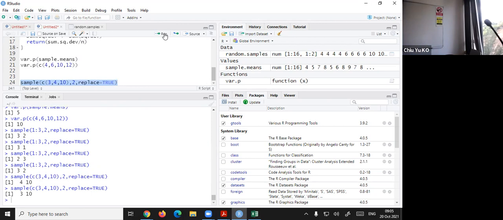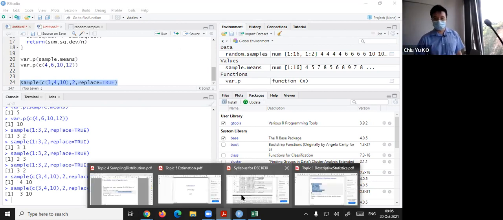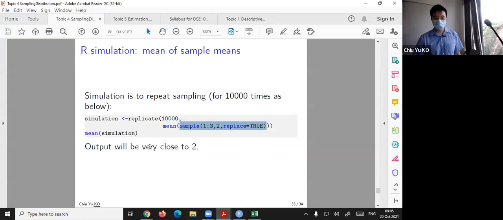So what is the code for this? This will be given by what we call replicate. But first, we don't want to save so much stuff. What we want is, once we draw the sample, to calculate the mean. So this means we draw a sample and calculate the sample mean.